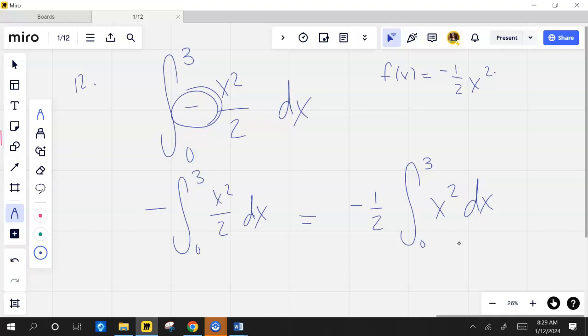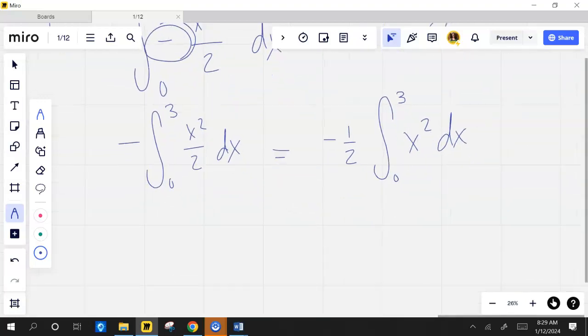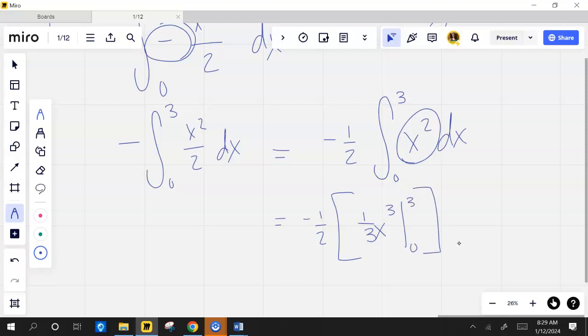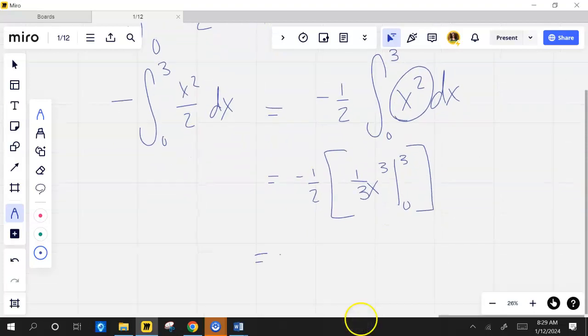Now, if you did it using that one, it's not wrong. It's okay. I would do it this way, and then I would say my antiderivative, so I've got negative 1/2, and that's going to multiply by everything whenever I'm done. My antiderivative for x squared, I'm going to have 1/3 x cubed, and I'm going to evaluate that from 0 to 3. So the negative 1/2 still sits outside because I've got to take that to the whole thing.